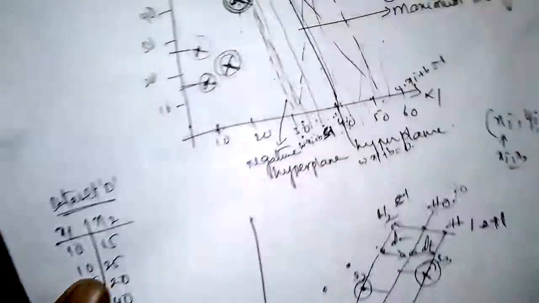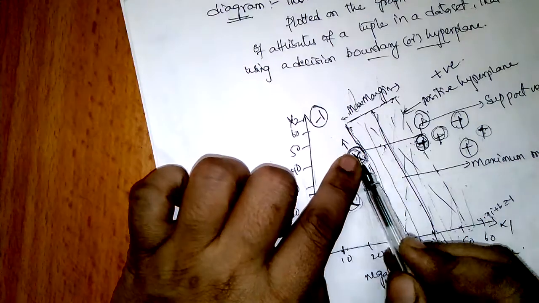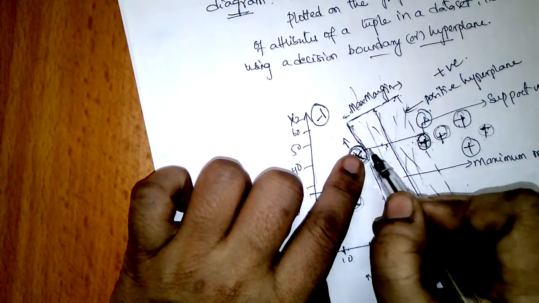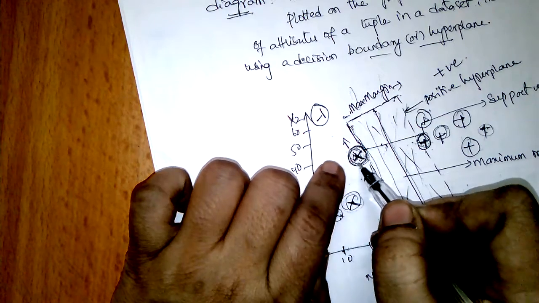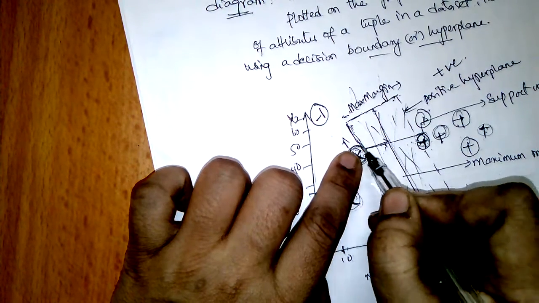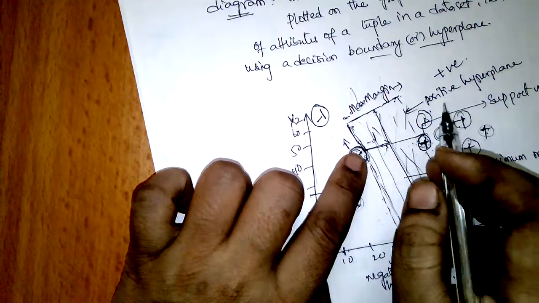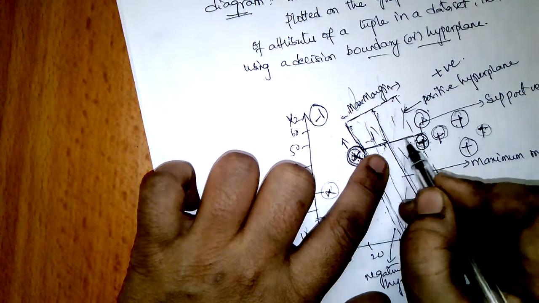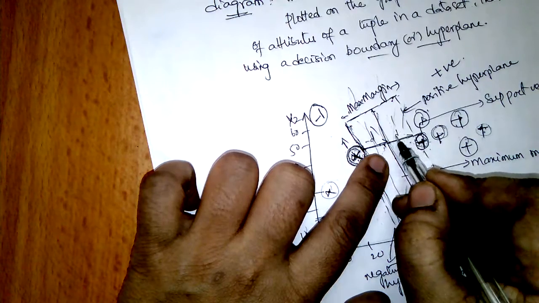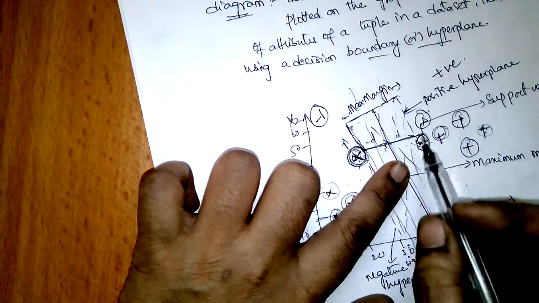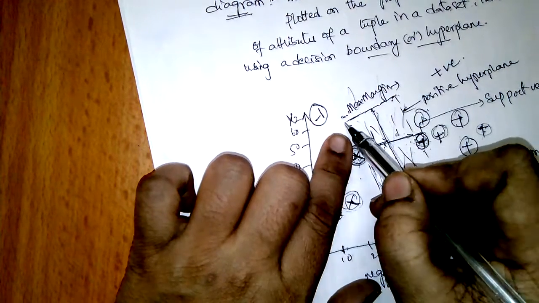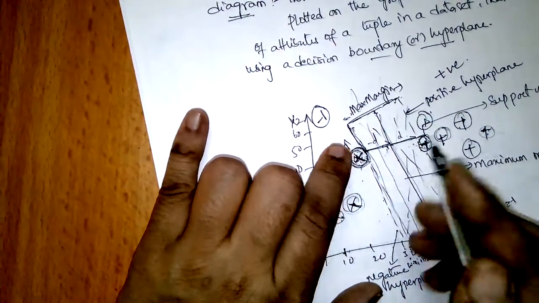Next, find the distance. Now we have this one support vector and this another support vector. The distance from the nearest support vector to the hyperplane is called the distance. The positive support vector to the hyperplane is also a distance. This is the distance from a vector to a hyperplane, and this is called the maximum margin.